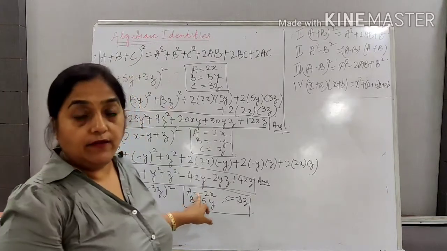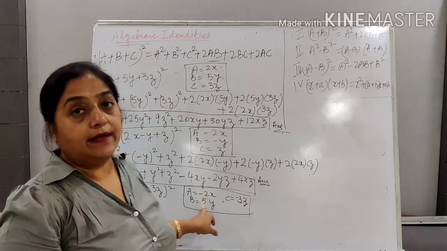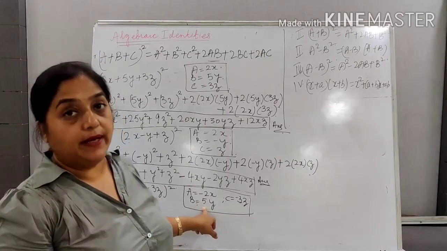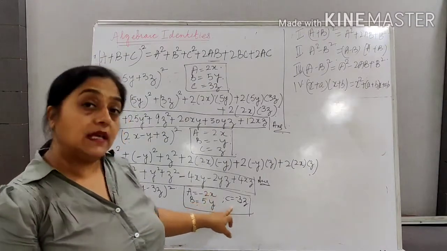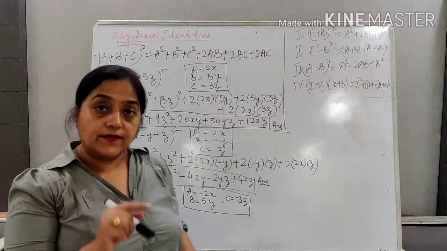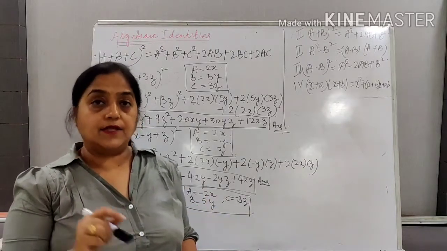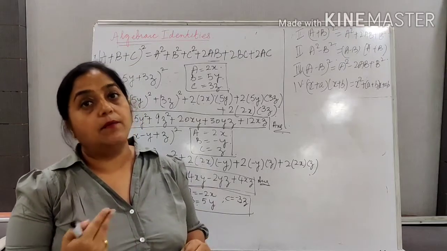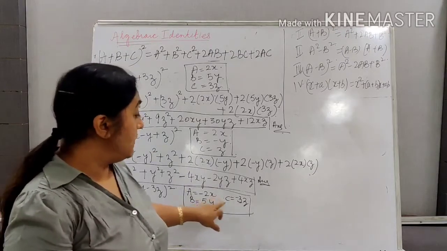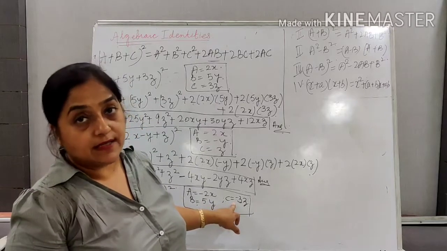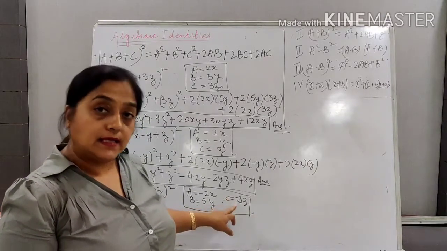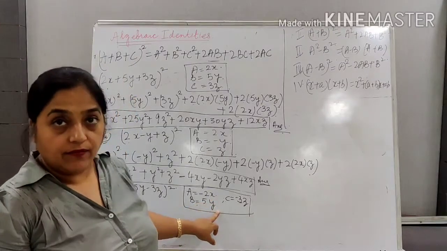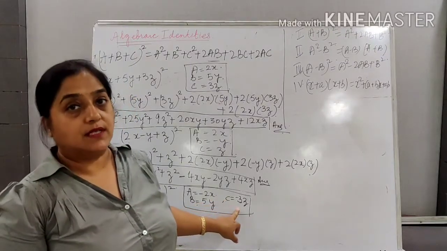Since a is negative, ab will be negative, and ac will be negative. But in my case, c is also negative. So the negative sign of a and the negative sign of c, when they multiply, become positive. So wherever a and c come together, my ac will be positive. I repeat, ab will be negative, ac will be positive.